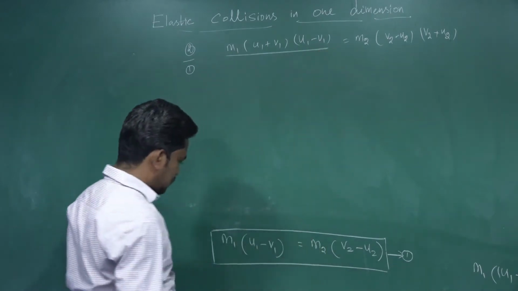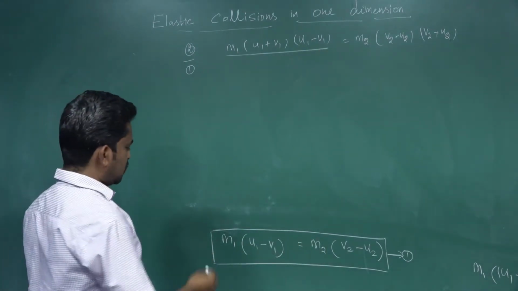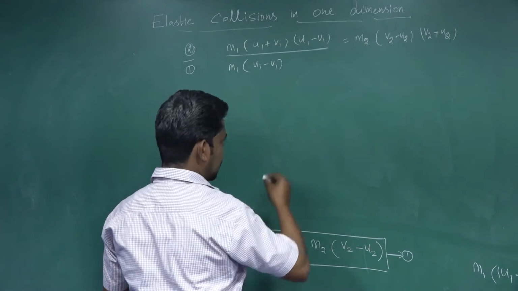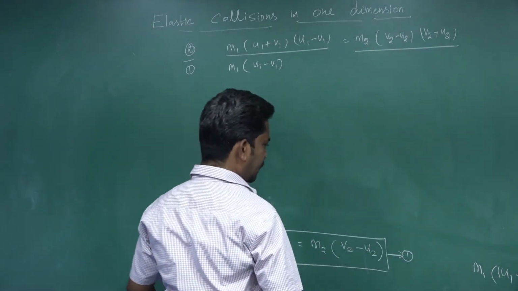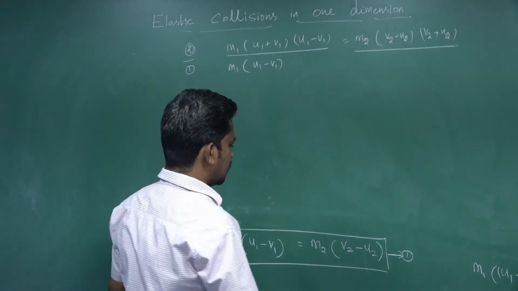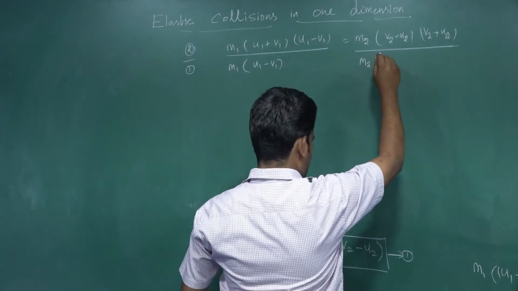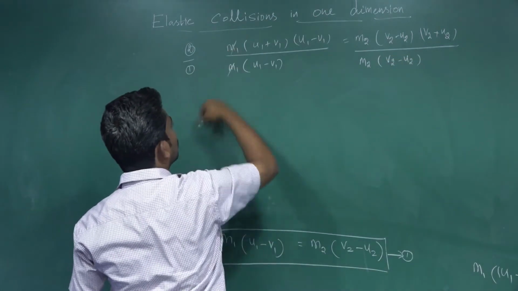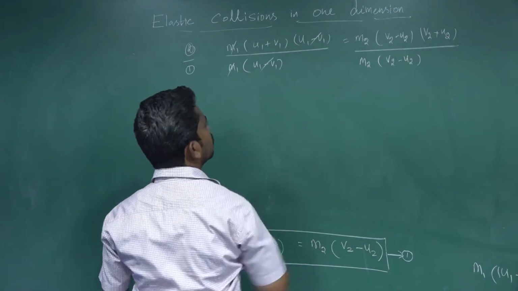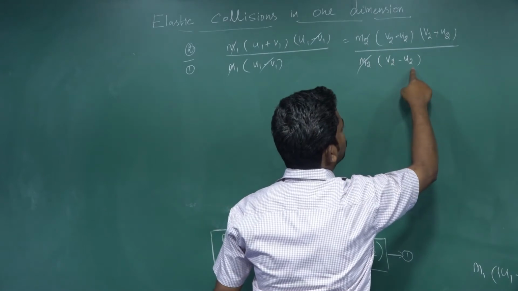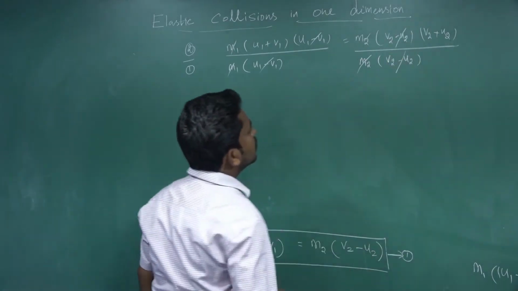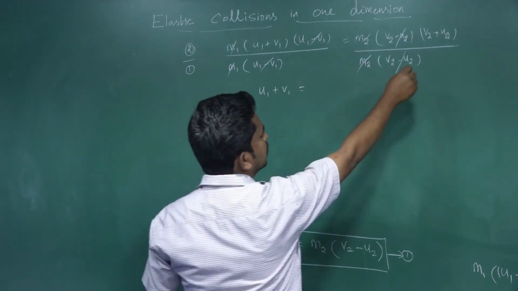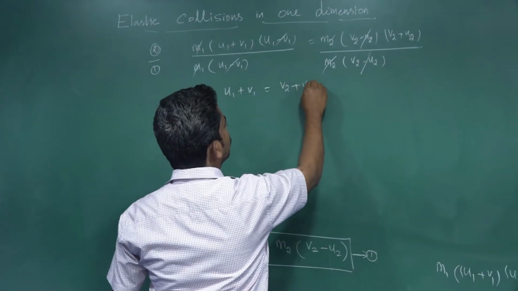So equation 1 is m1 of u1 minus v1 on the left side, and on the right side, m2 of v2 minus u2. So cancel m1 and u1 minus v1 on the left, and m2 and v2 minus u2 on the right. We get the final value: u1 plus v1 is equal to v2 plus u2.